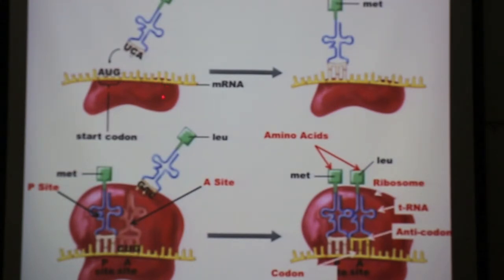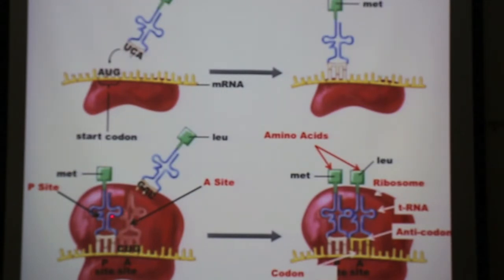What happens is that your ribosome actually comes in sort of pieces, and it gets built sort of as you start this process. But we'll just assume that the ribosome is together, and we'll just learn it this way. It just makes it a little bit easier. So your ribosome has a couple of spots on it. It actually has a third spot over here, but in Bio 1 we typically don't put in this site over here where they exit, but that's okay.